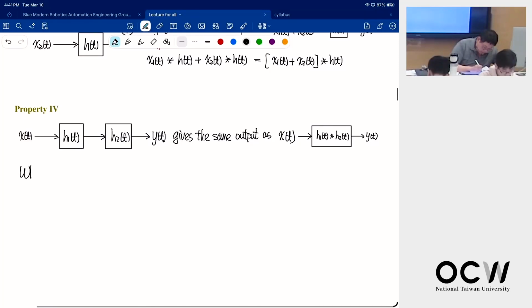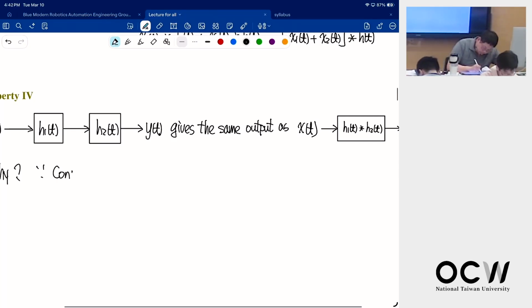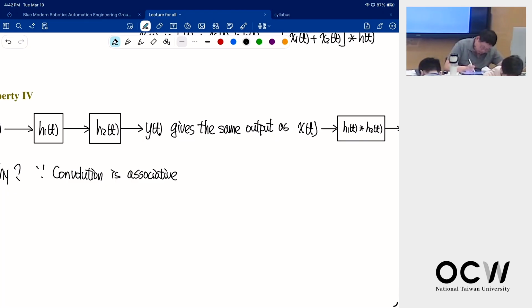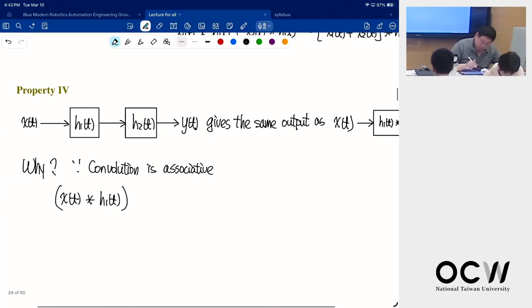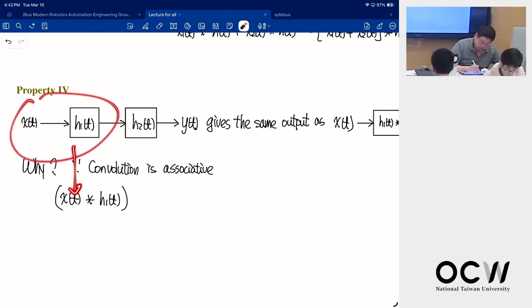Again, why does it work? Because the convolution is associative. So x convolve h1 first, right?